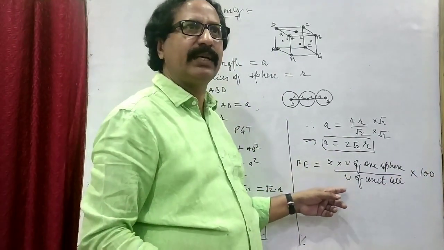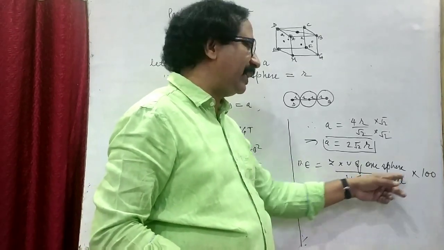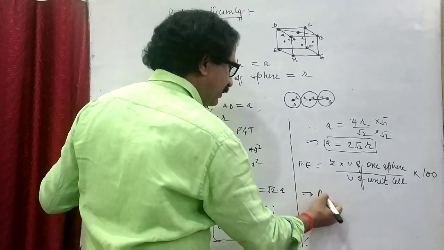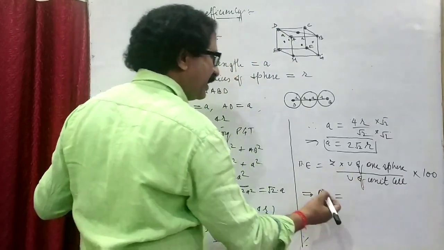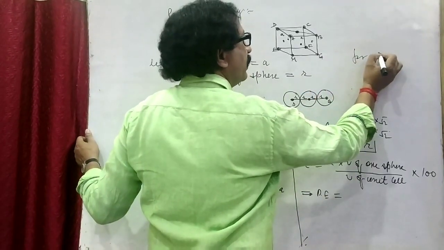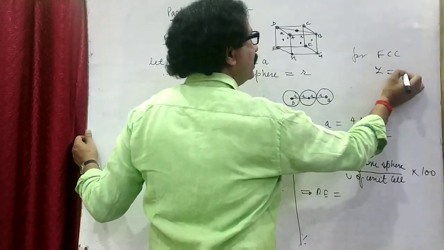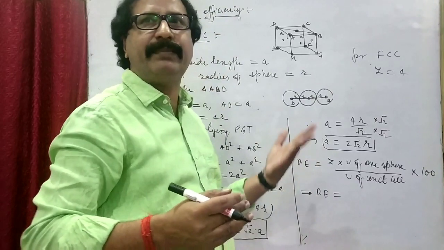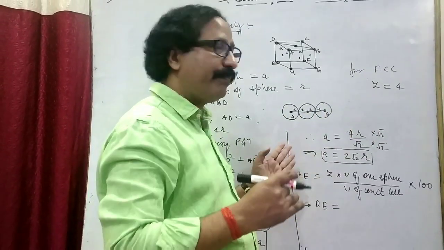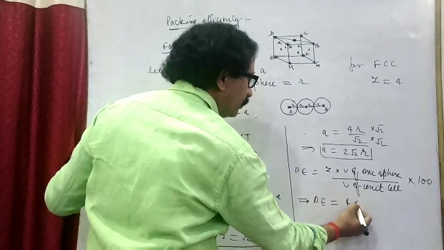Which implies packing efficiency equals... what is the value of Z? For FCC, especially for FCC, the value of Z is equal to 4. This we explained in my previous lecture. Okay?